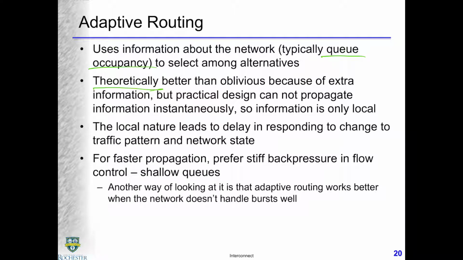But that's only theoretically, because in practice, the information you obtain may not necessarily be all that reflective of the underlying reality. So especially when you use queue occupancy, most adaptive routing that is in practice, at least those that I am aware of from reading articles, use queue occupancy.